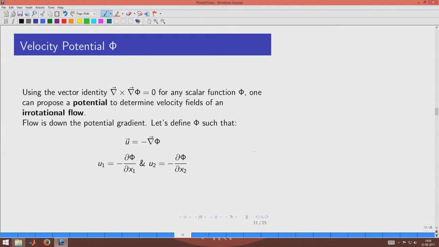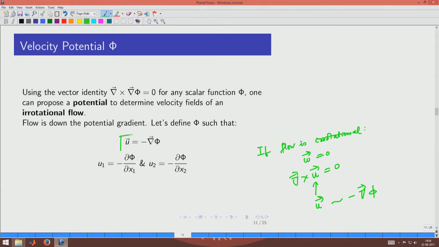So, we saw that if the flow is irrotational, which means that this is 0, or the curl of u is 0, then we know from vector identities that if this vector happens to be a gradient of a scalar function, it will always be true. So if we think of this as related to the gradient of a function phi, then this will always be true for any well-behaved function phi, and we want to define it with a minus sign.